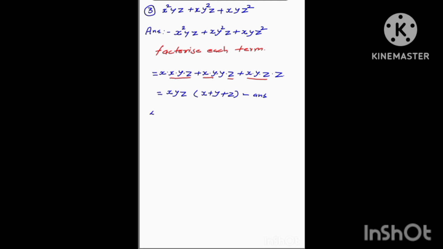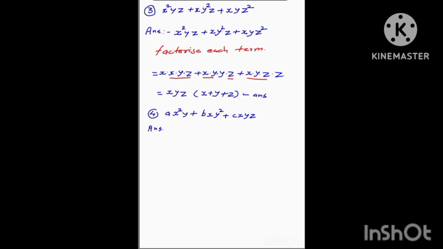And another one, we are taking on the same page: ax square y plus bxy square plus cxyz. It is very easy.